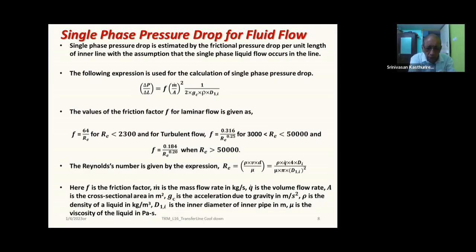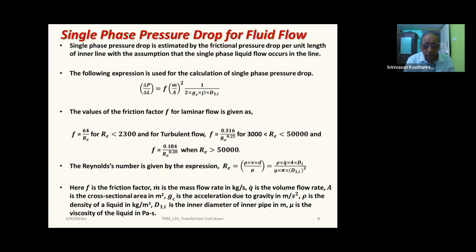For this, use the formula f equals 0.316 divided by Reynolds number to the power 0.25. Now if the Reynolds number is greater than 50,000, then you use the formula f equals 0.184 divided by Reynolds number to the power 0.20. So this is the way in which you calculate the friction factor.